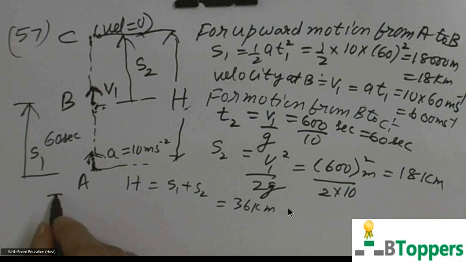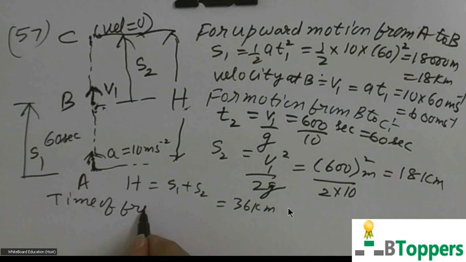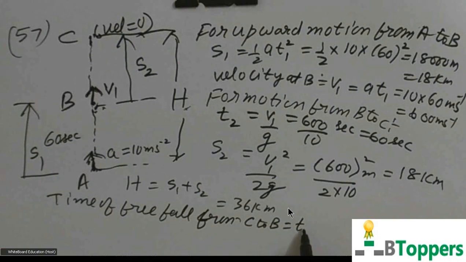So the time of free fall from C to A, denoted by t3, is root of 2h by g.